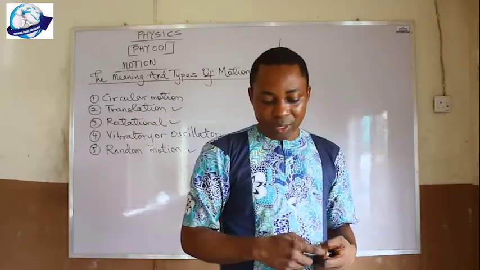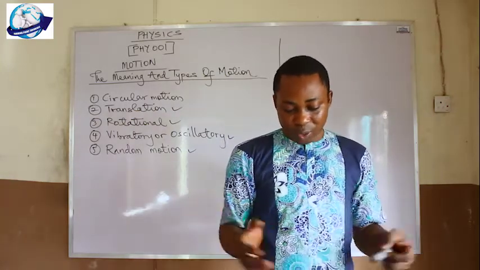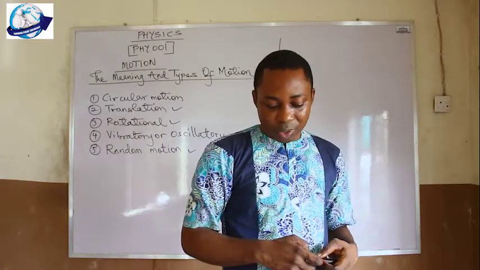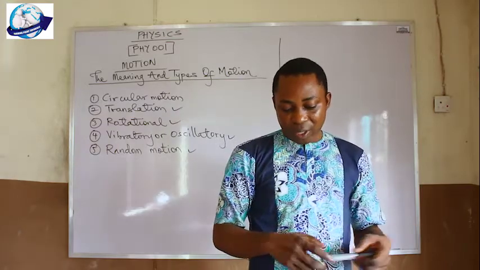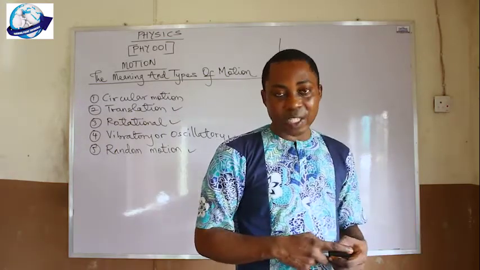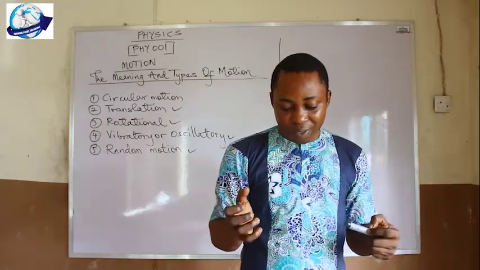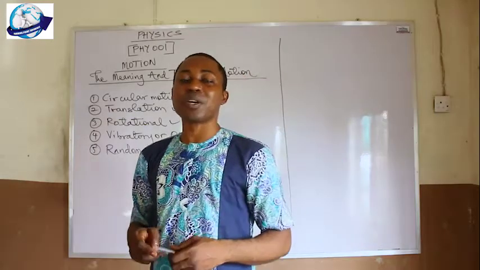Random motion is the motion of a body or a collection of particles moving haphazardly with no direction at all. It is a kind of zigzag motion. For example, the motion of pollen grains in the air, or the motion of dust here and there.